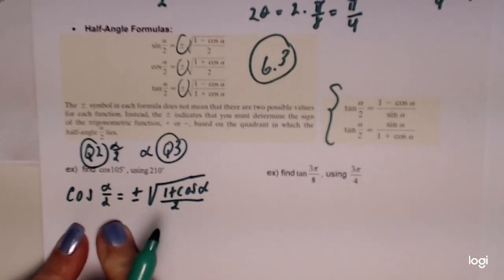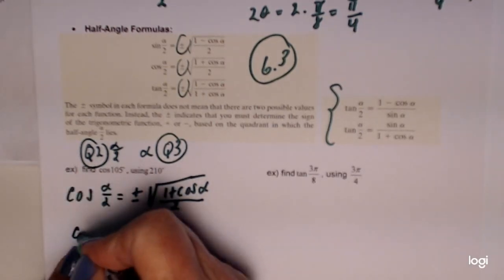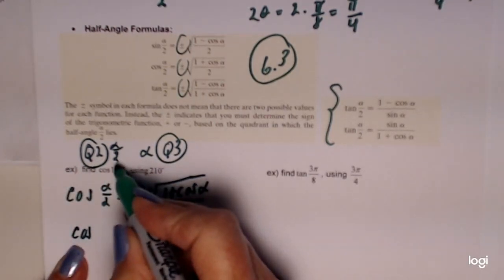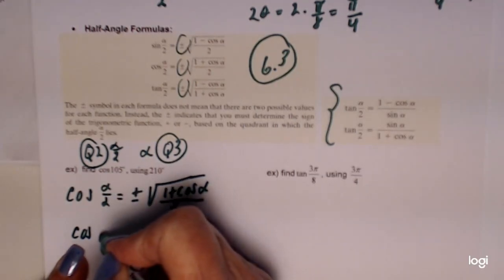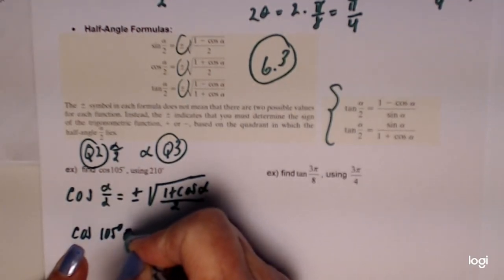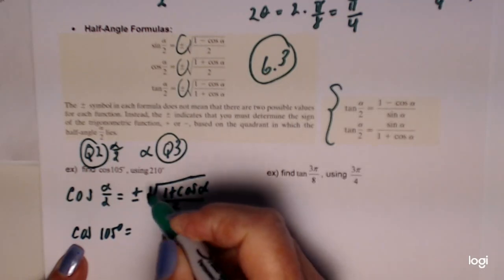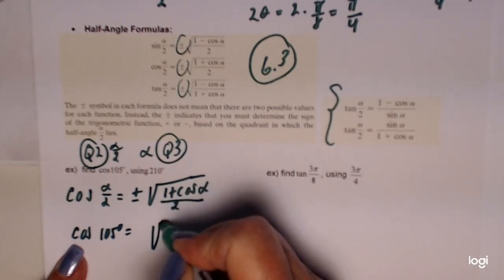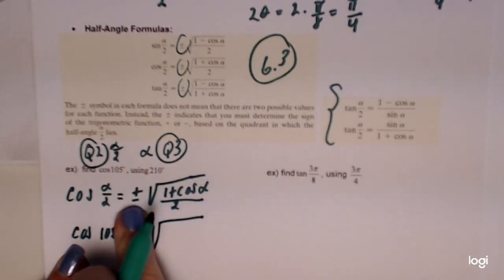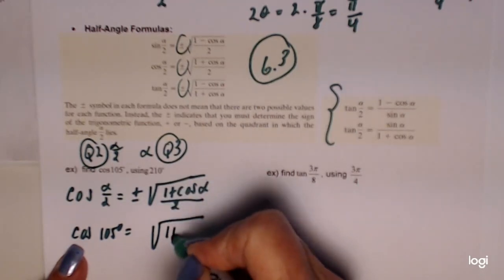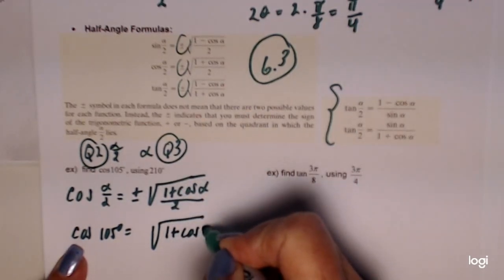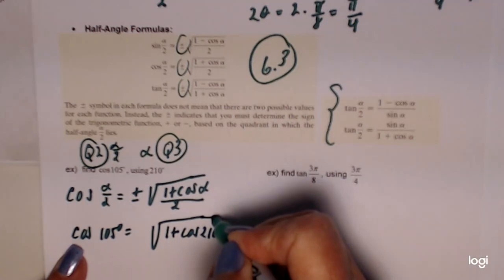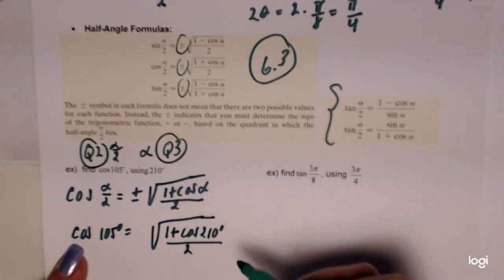Now we can start putting in some information. Our alpha over 2, or angle divided by 2, is 105 degrees. So this is going to be equal to, I'm going to leave the plus minus alone for a minute, the square root of 1 plus the cosine of 210 degrees, all over 2.